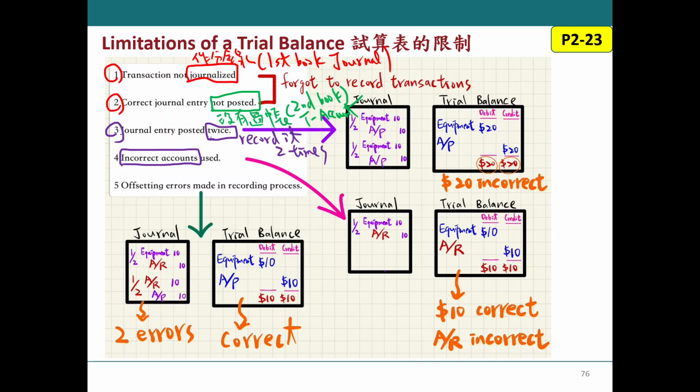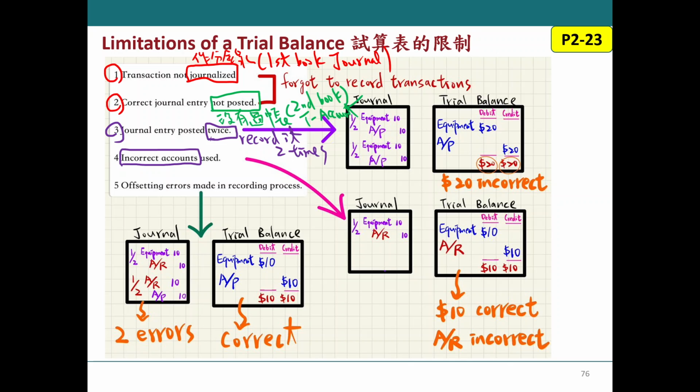At the same time, in the same transaction, you got equipment. It's quite weird, right? So usually the common transaction will be: you got the equipment, you didn't pay the money, so it should be accounts payable, right? Or debit cash, you got the cash from customers, so accounts receivable decreases, they don't owe you money.